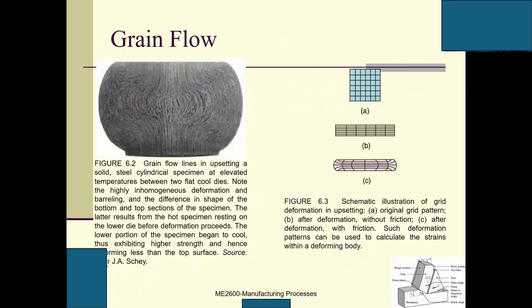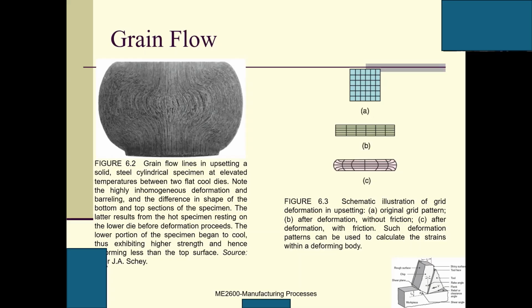Okay, then if we take a look at this metal forming process, we have the grain flow. If we use the microscope to look, because of the barreling, we can see this kind of deformation. The grain flow lines in a solid, still cylindrical specimen at elevated temperature are between two flat, cool dies, lower one and upper one.